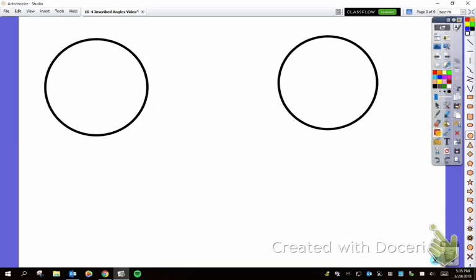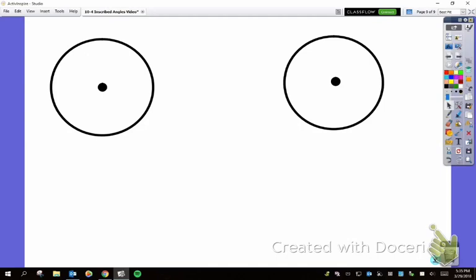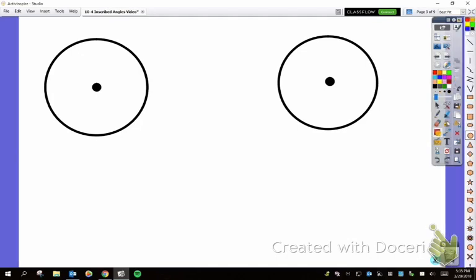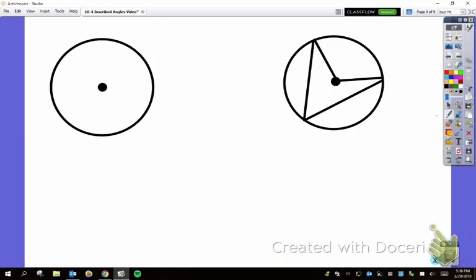Okay, if we are looking at our circles here, let me put in some lines here for us real quick. Okay, let's say that we've got our central angle going here, and then we've got this angle going right there.